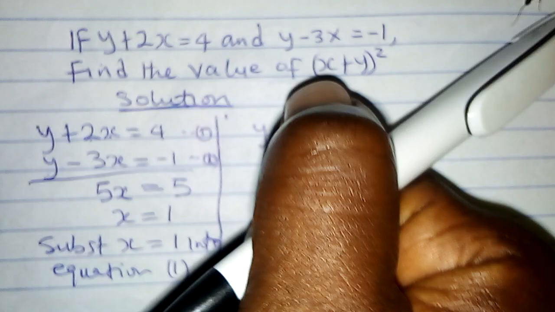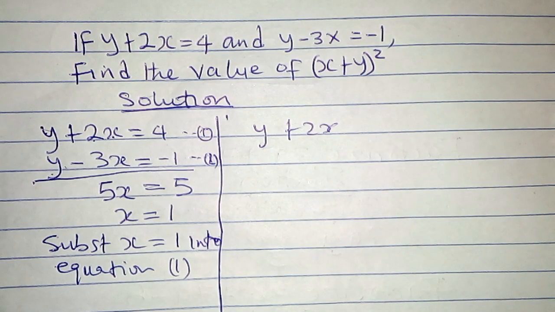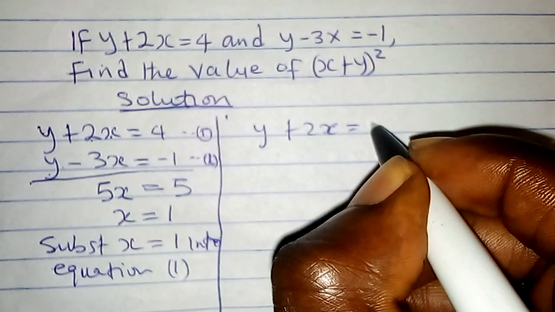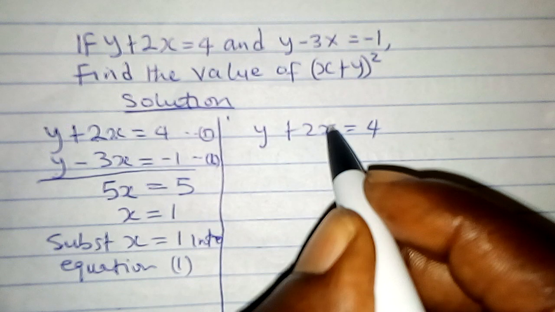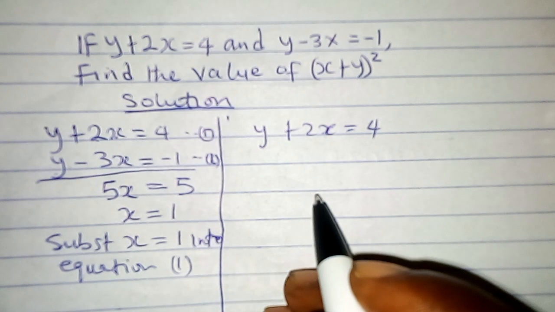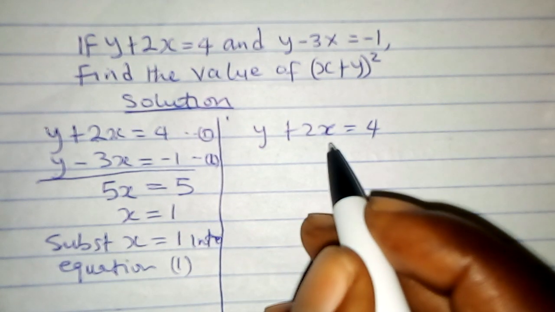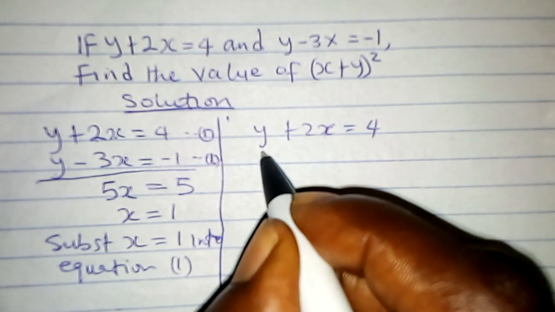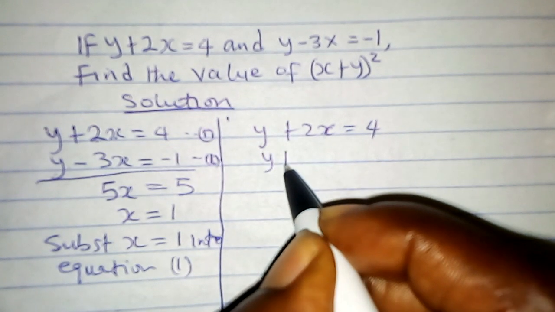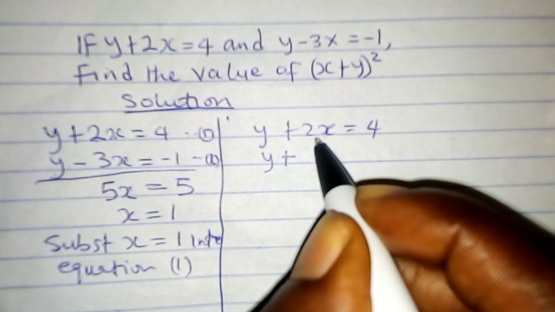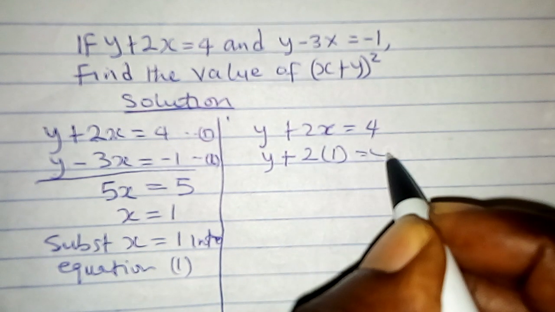We want to substitute it into equation 1. In place of x, we are going to use 1. So y + 2 × 1 = 4.